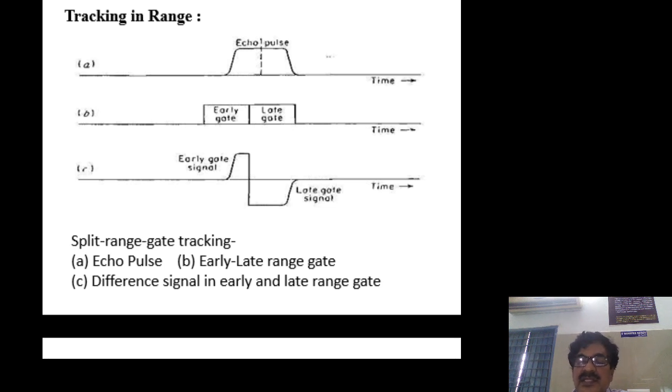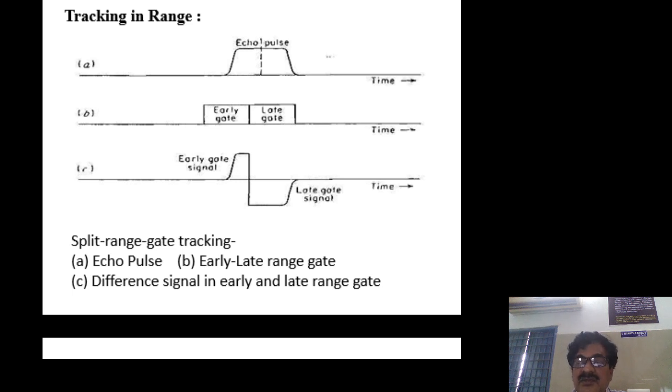The tracking in range, or range tracking technique, uses a split gate mechanism, also called the split range gate system. It uses two gates, one known as the early gate and another the late gate. Already you know a range gate means a sample and hold circuit.